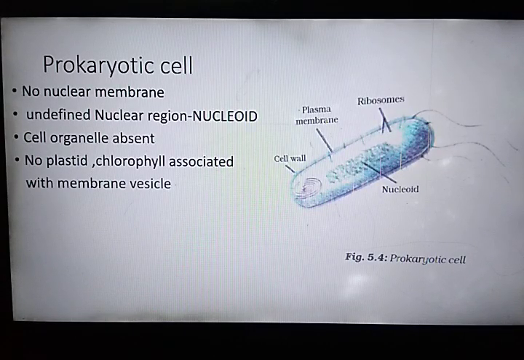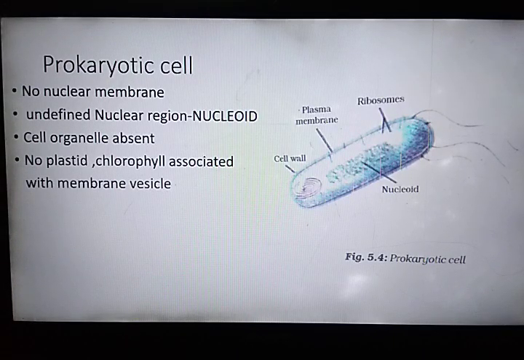A nucleus surrounded by a nuclear membrane is the characteristic only of the eukaryotic cell. In the case of the prokaryotic cell, the nucleic acid, that is DNA or RNA, is not covered by a nuclear membrane. It means the nuclear membrane is absent in the prokaryotic cell.